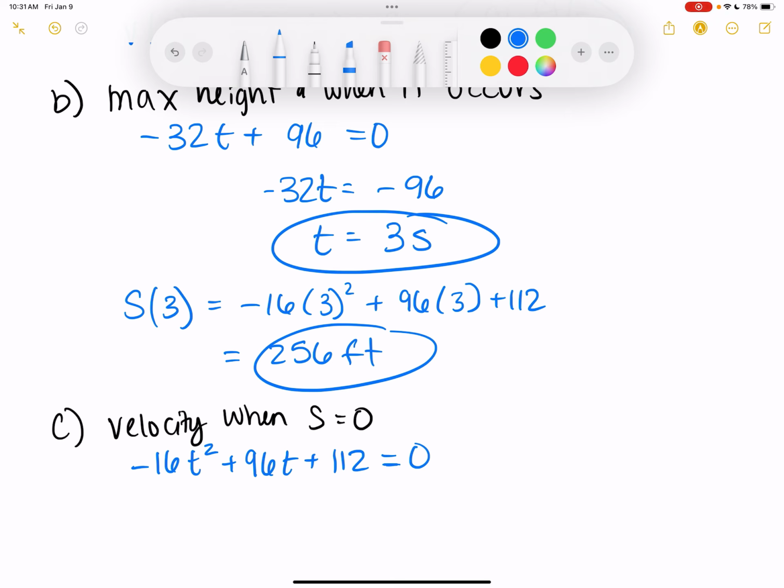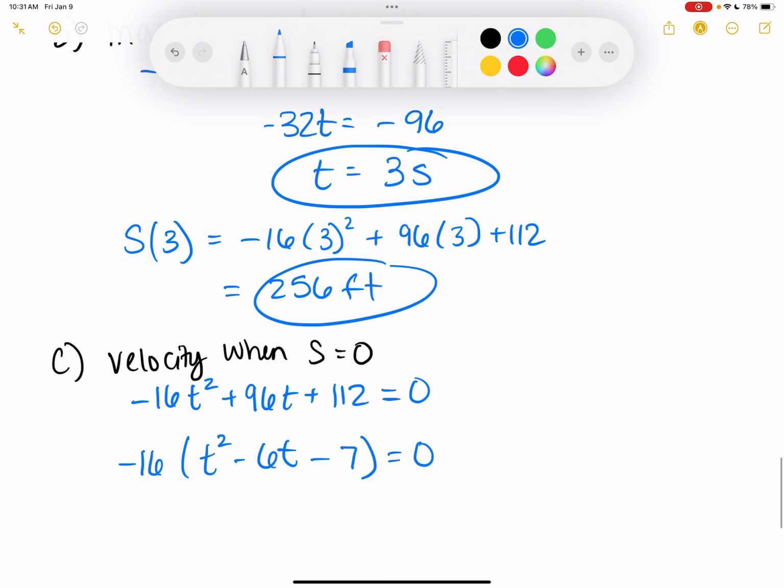So I've got negative 16 and then t squared plus 6t plus, nope, that's a minus. Both of those are minus 7 because I took out the negative. So that's 0, and the negative 16 is going to go away. I'm just going to cross it out instead of rewriting the whole thing.